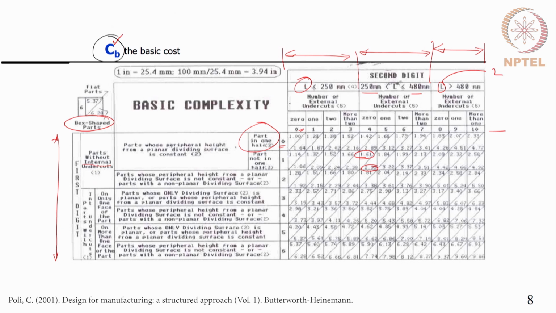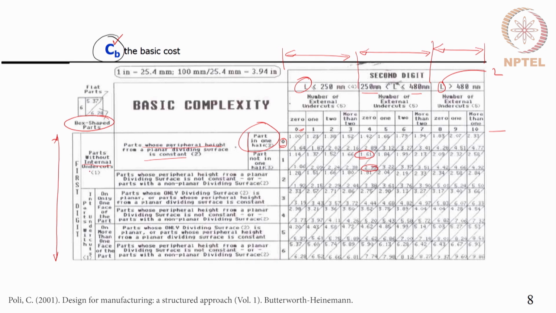So, parts without internal undercuts, and parts whose peripheral height is constant and part in one half, I will choose this number. So, I try to classify to make a choice for my first digit.